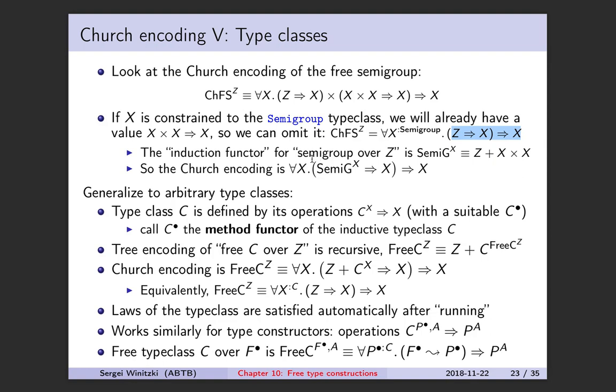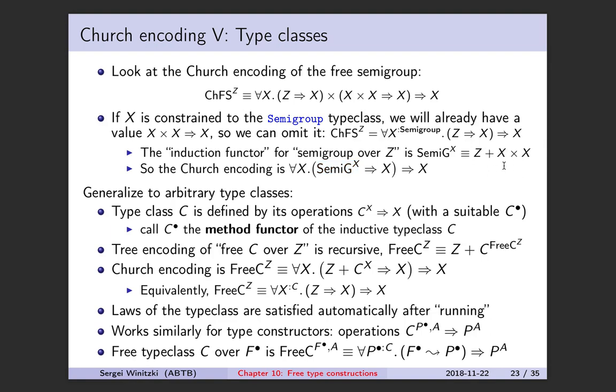And notice that the induction functor for semigroup over Z is this. So basically what happens is that the church encoding of a semigroup, which is this one, which we can generally write down, is this semigroup functor, or induction functor, as I called it before.